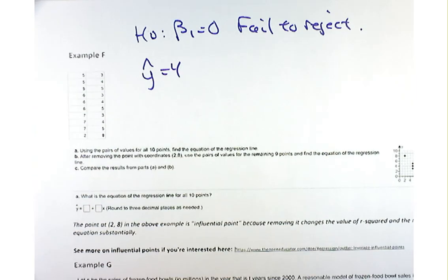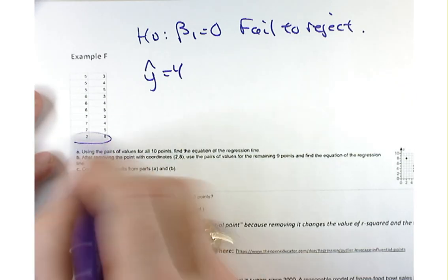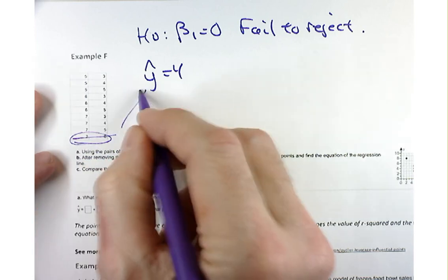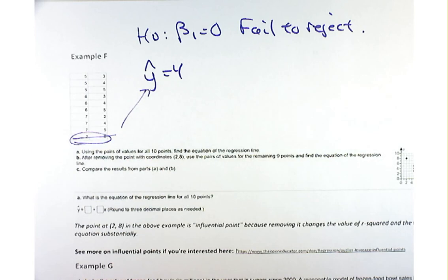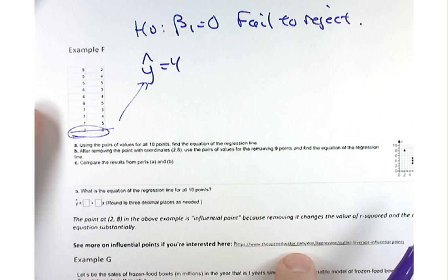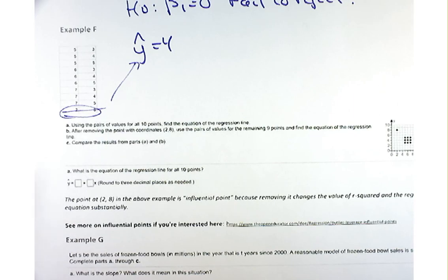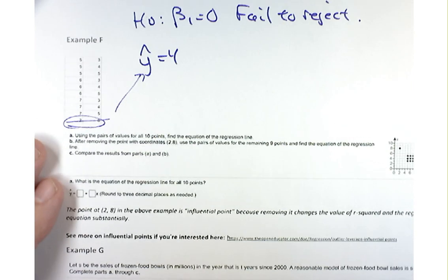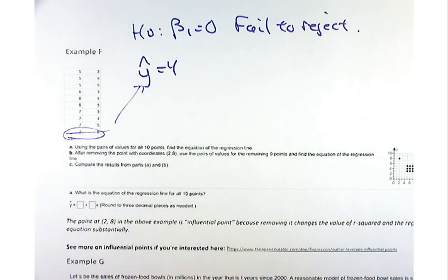So not a big surprise there once you get rid of that one little outlying data point. That makes it what's called an influential point. And there's a link here if you want to read more about influential points. But that one is, as I said, very influential because it turns an R squared of 0 into an R squared of about 50%.